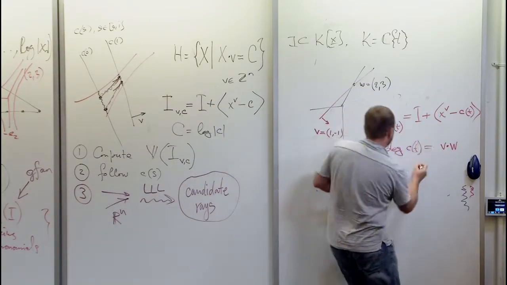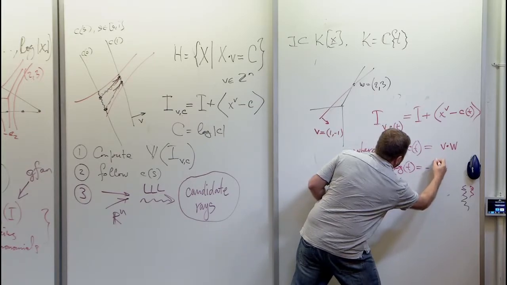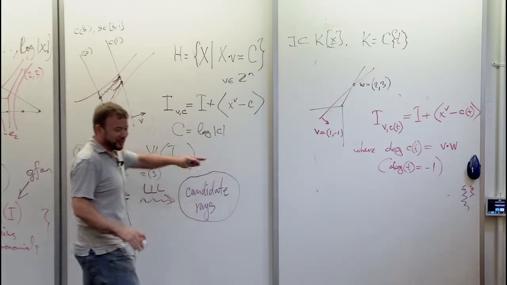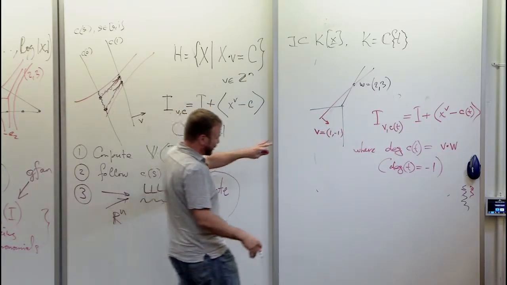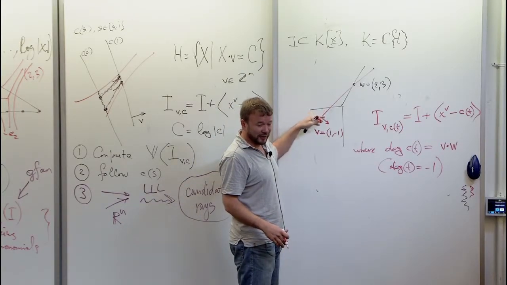Here, the degree of t has to be set to -1. There are some conventions that are floating around, but basically, this is what happens in the picture, even the valuation picture.